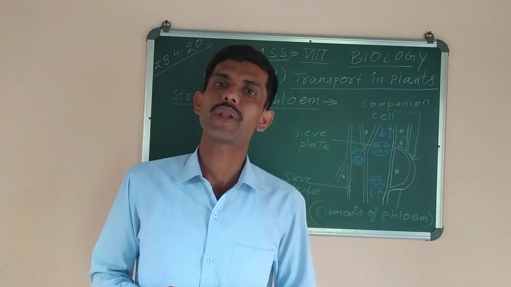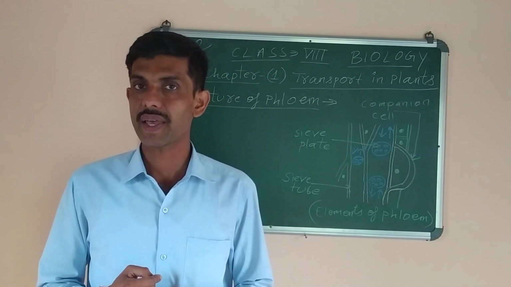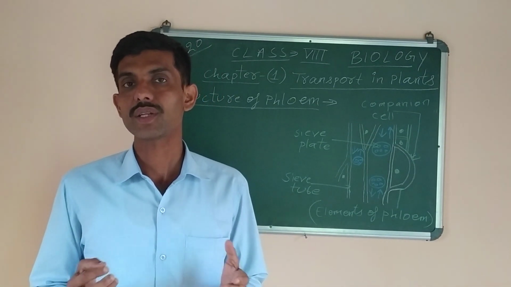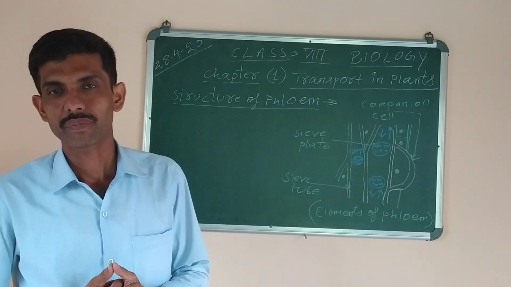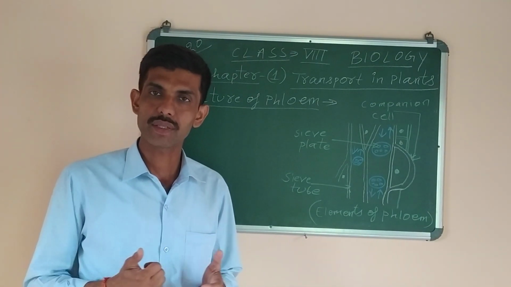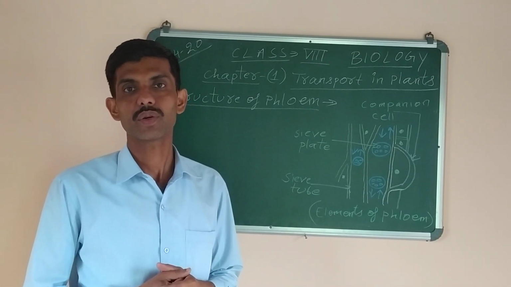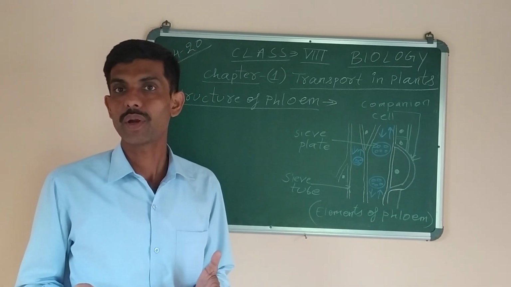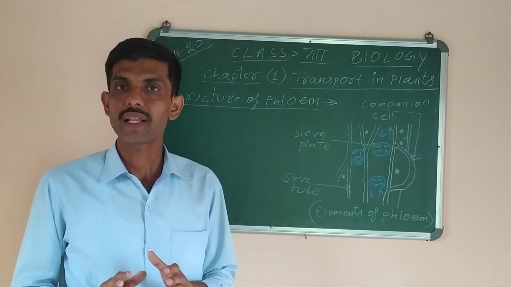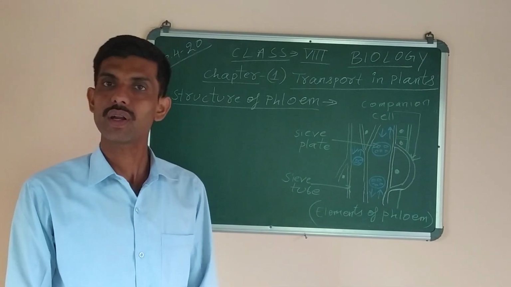Out of these four elements, only one, that is the xylem parenchyma, is a living cell, the rest are all dead in nature. Then we studied that xylem is found in all parts, roots, stems, leaves, and the older xylem is known as wood, the one which you have seen, like a wooden board, wooden window. That wood is nothing else but the old and mature xylem tissue.